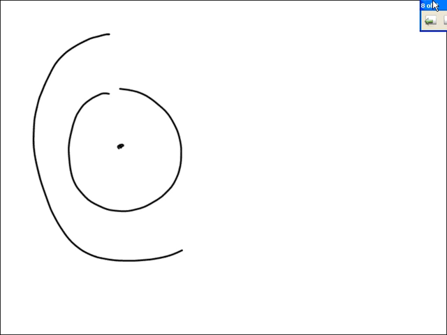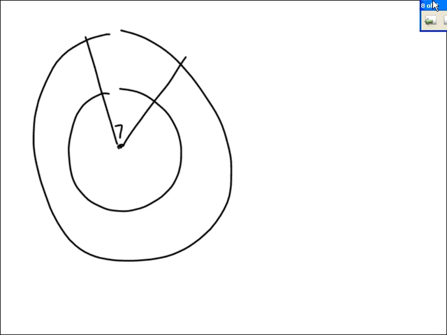Now, just because two arcs are the same number of degrees doesn't mean they're the same length. Consider these two concentric circles. That is, they have the same center. This small one and this bigger one. This angle is 70 degrees, which says to me that the arc it cut off is 70 degrees.